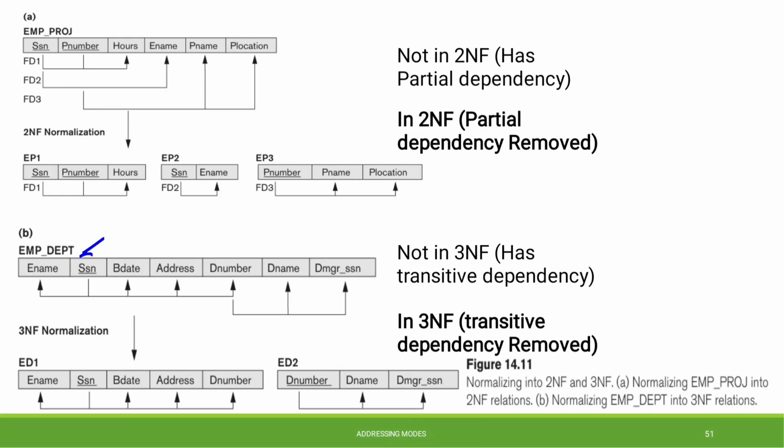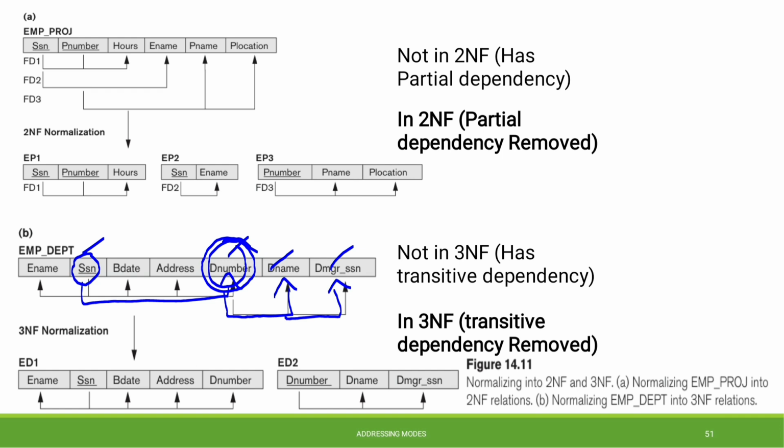SSN is the prime attribute that decides the value of D number, which is a non-prime attribute. That is okay, but this non-prime attribute is deciding the value of D name and DMGR SSN also. So these two are non-prime attributes being decided by another non-prime attribute, that is D number.